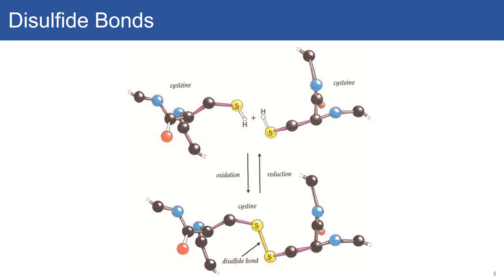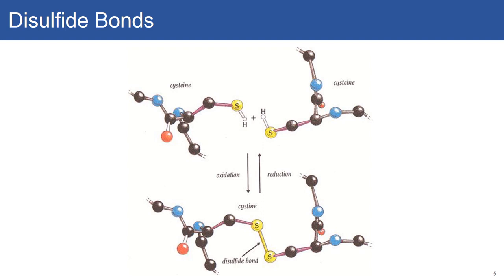That's a pretty important point to understand, because sometimes you need to reduce this bond in order to do some biochemistry or molecular biological techniques. And when the two cysteines join, it forms cystine, C-Y-S-T-I-N-E, not cysteine, C-Y-S-T-E-I-N-E.